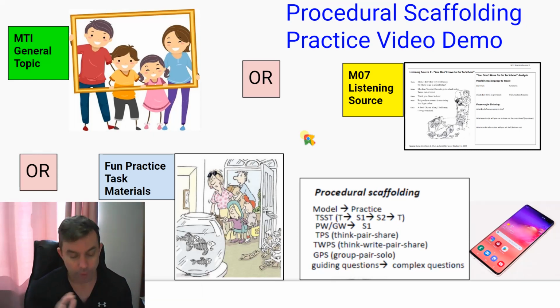Model to practice. How many people are in your family? Everyone, how many people are in your family? Okay. And then I ask, Hey Yoon, how many people are in your family?